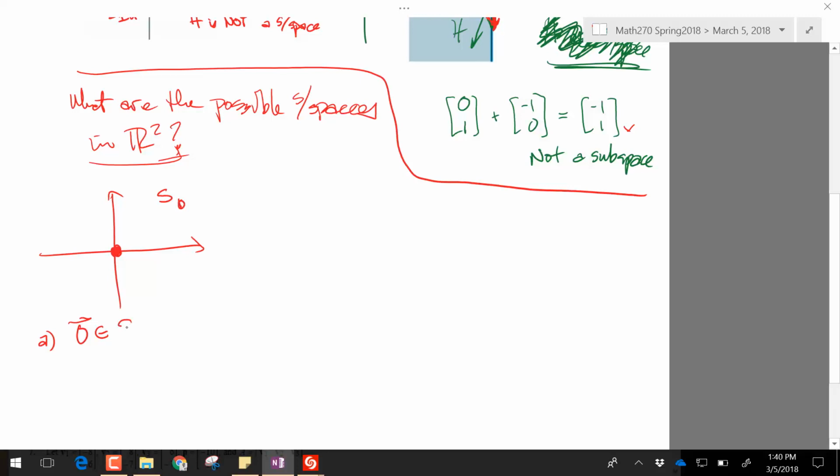So zero is closed. I mean, it's in the subspace. If I have two vectors, I only have one vector. So if I add them, it's still going to be zero. This is kind of degenerate. And then if I multiply a zero vector by anything, this is equal to zero. That's the subspace. So zero is a subspace.